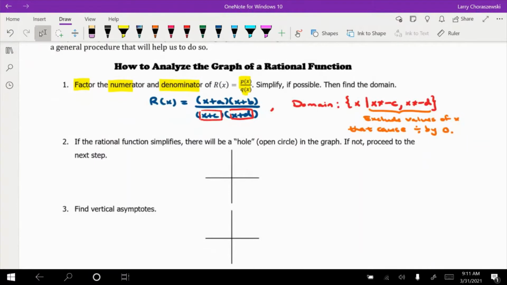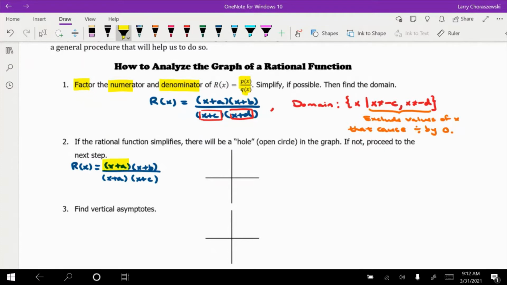In some rare instances, your rational function might simplify. So let's say that we factor both top and bottom. Let's say the top is still x plus a, x plus b, but on the bottom, let's say we have x plus a showing up again along with x plus c.